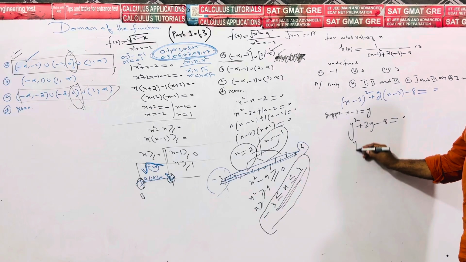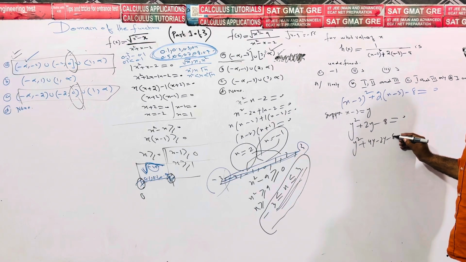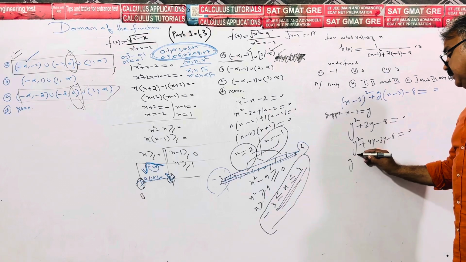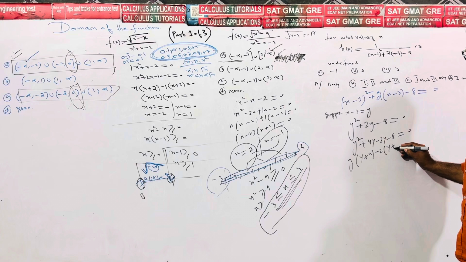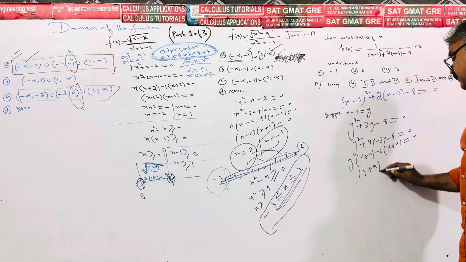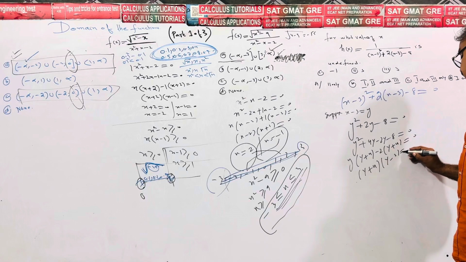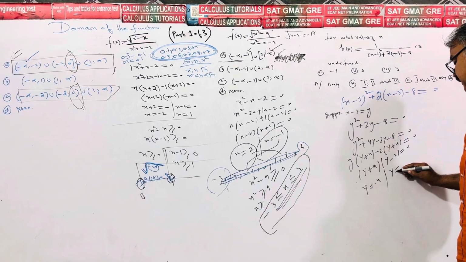By middle term breakup: y squared plus 4y minus 2y minus 8 equal to 0. Taking y common and minus 2 common, we get y plus 4 times y minus 2 equal to 0. So y is minus 4 and y is 2.